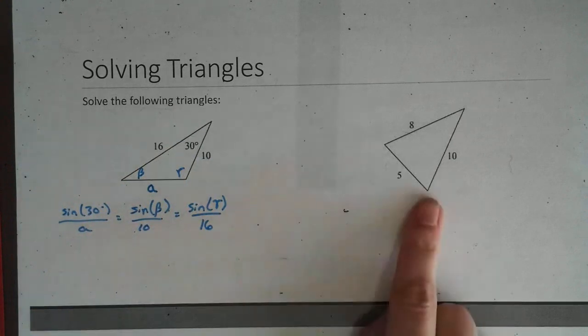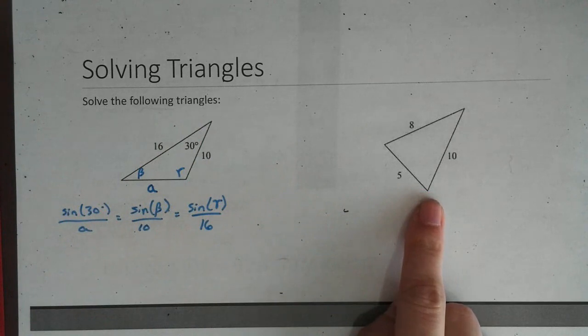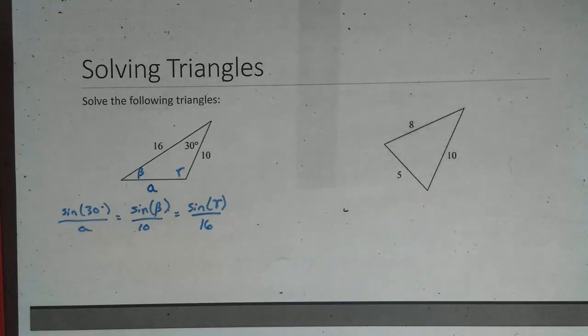In fact, I'm not going to be able to solve this triangle either because in all three cases, I don't know any angles. So I'll always have the two angles as two unknowns. So the law of sines doesn't help us all the time. There are cases where we can't use the law of sines to solve. This is what leads us to the law of cosines, which we're going to look at in the next section.